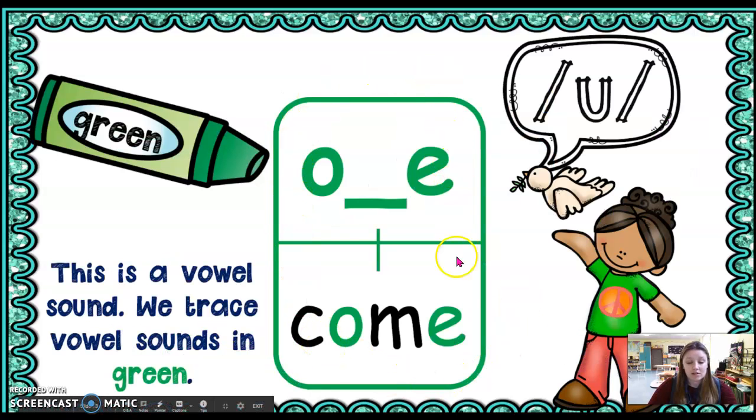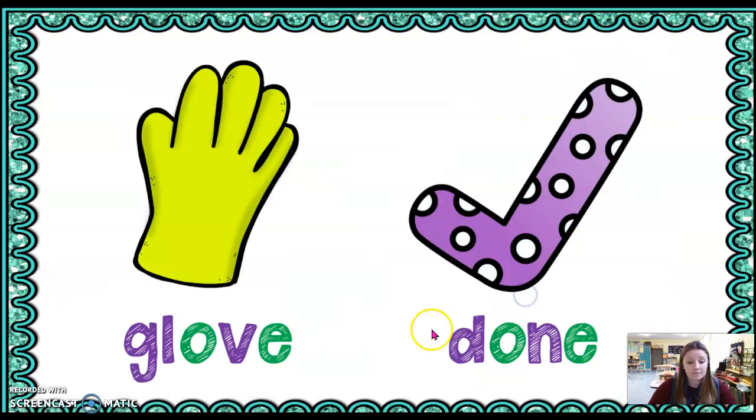This sound card, also a vowel sound, which is why it's green, is O consonant E that makes the sound /u/. For example, the word come. Come uses O consonant E to say /u/. Glove and done use O consonant E to say /u/.